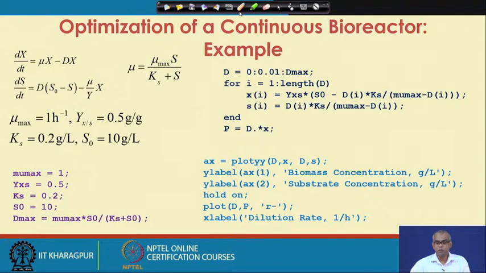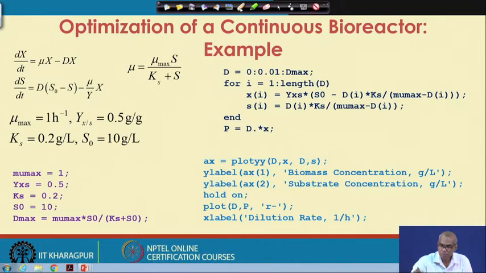You define the dilution rate from 0 to, say, the maximum dilution rate, and for each dilution rate you solve for X and for S. Then you take the product of D and X and plot DX versus D. So, you will get the optimal dilution rate, as simple as that. Let us first demonstrate that.